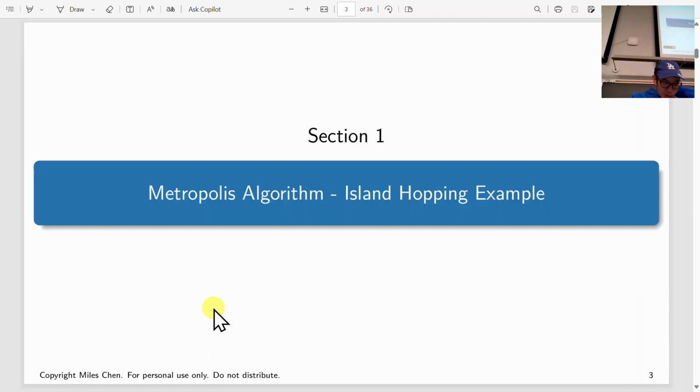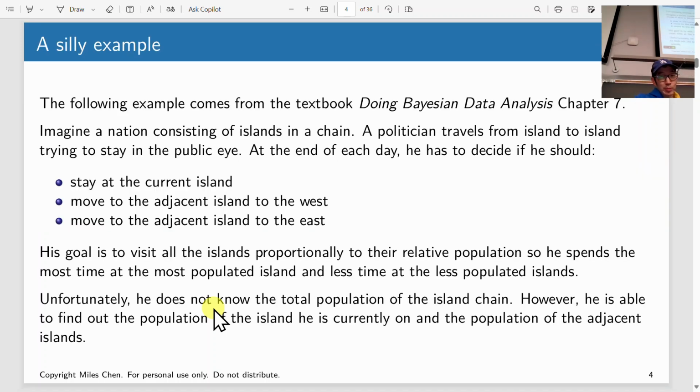Okay, so the example we're going to use is a discrete distribution, and it's called the island hopping example. It comes from the textbook Doing Bayesian Data Analysis. You can read this textbook for free. The link to it is in the syllabus. It's got puppies on the cover of the textbook, and it's a good book.